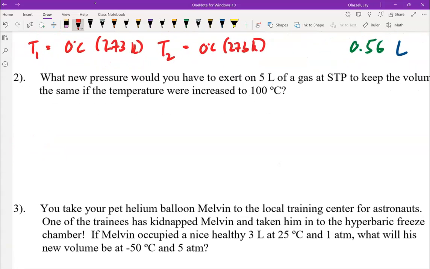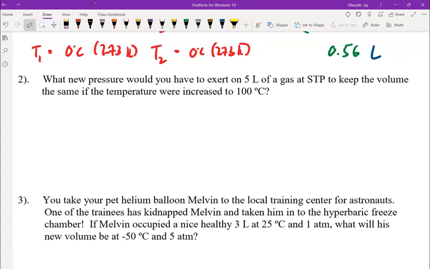It says here, what pressure would you have to exert on 5 liters of a gas at STP? V1, 5 liters. P1, STP, 1 atmosphere. T1 is 100 degrees Celsius, but we're going to, T1 is STP. See?